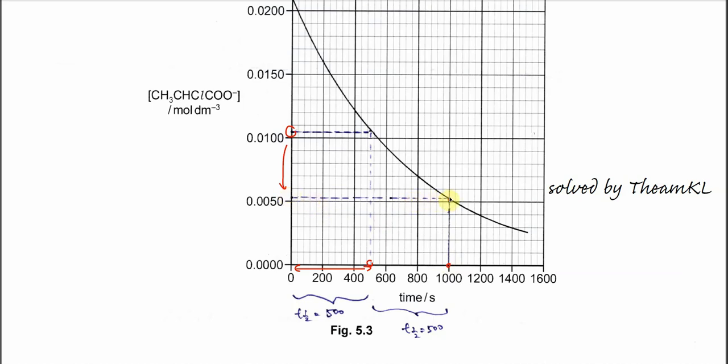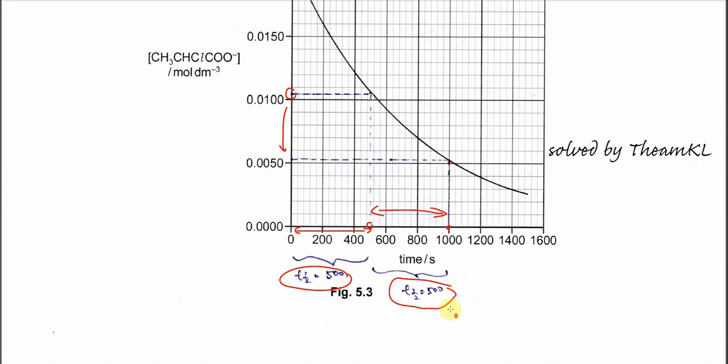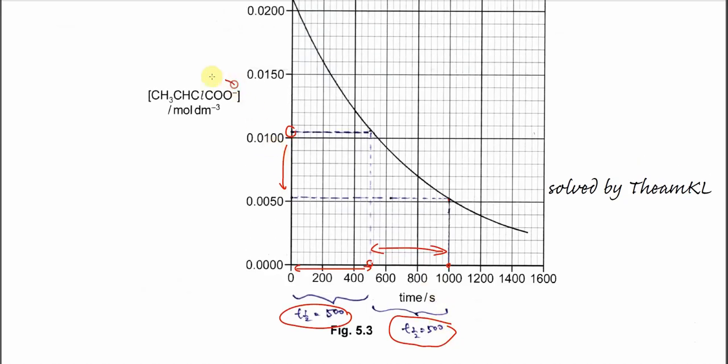So for the second half-life, we use 1000 minus 500, so we get 500. The first half-life is 500, the second half-life is also 500. Therefore it's a constant half-life, so we can prove that this anion or carboxylate is first order.